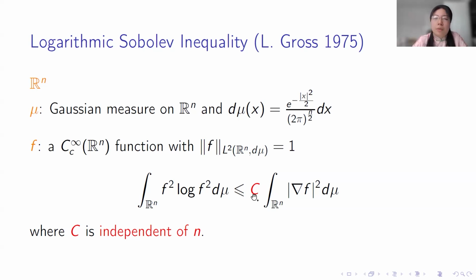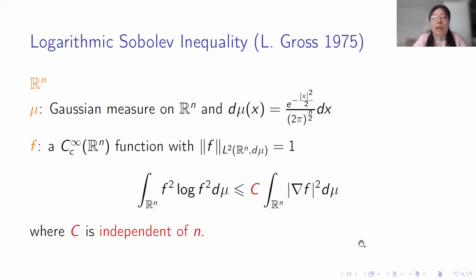And this linear growth comes from the space scaling of Rn and the scaling property of the heat kernel and the heat semigroup. But throughout this talk, I will stick to the classical version of the log Sobolev inequality written in terms of an integral with respect to some measure.